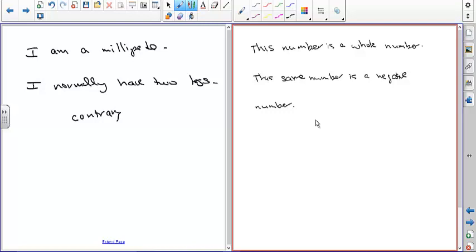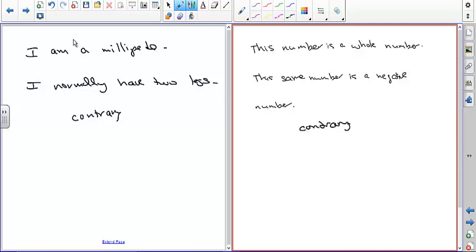Okay, so this is another example of contrary. If I said this number is a whole number and this number is even, yeah, those would be consistent, because you can be a whole number and be an even number. 2, 4, 6, 8, those are things.